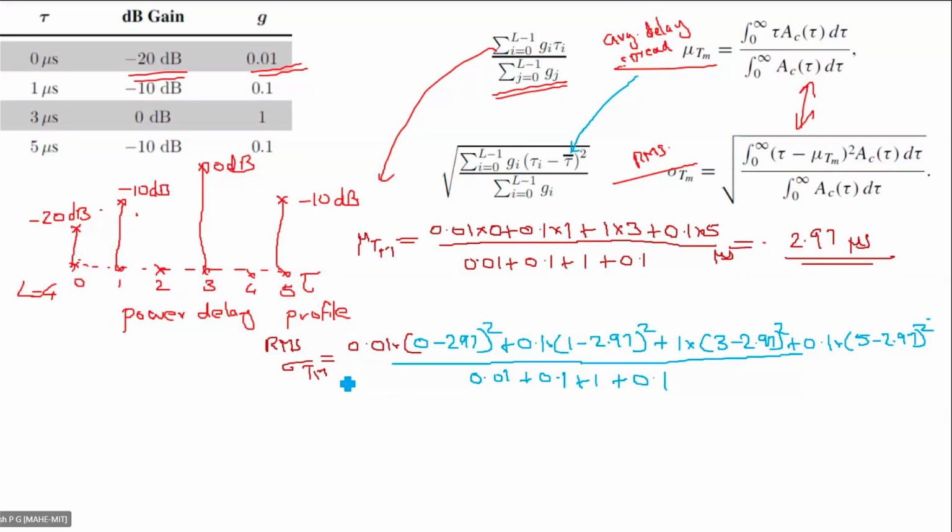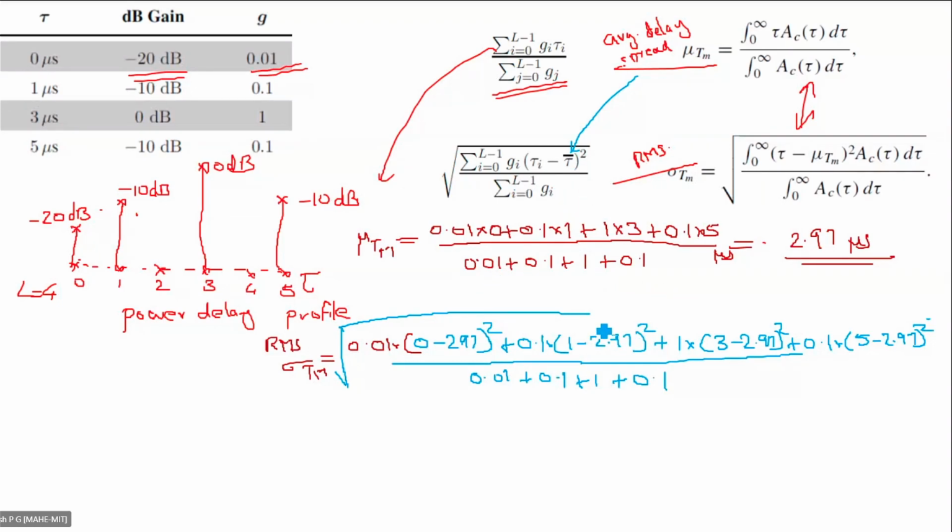We have missed a square root term. See, there is a square root term here. It is root of summation Gi into tau i minus average delay spread whole square, by summation Gi.